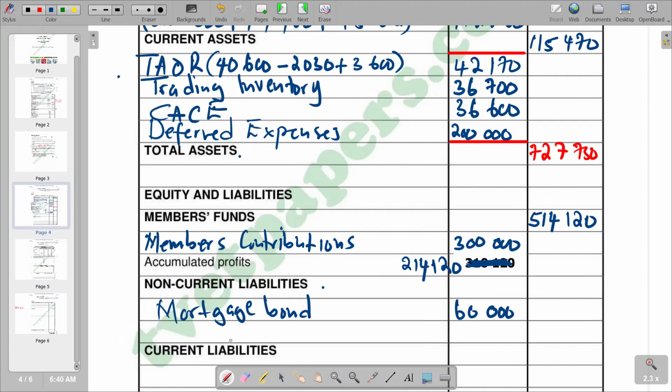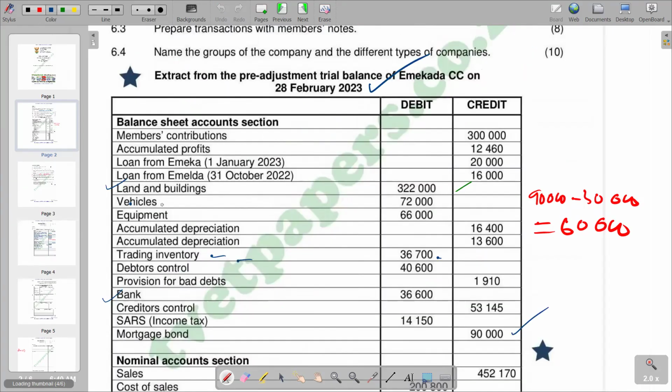And then we check other non-current liabilities that we can have in the question. If you go to our pre-adjustment trial balance, we also have loans from members. We've got loan from Emeka, 1 January 2023, and then loan from Emelda, 31 October 2022. Both of them are loans. So if we say 20,000 plus 16,000, you get a total of 36,000.